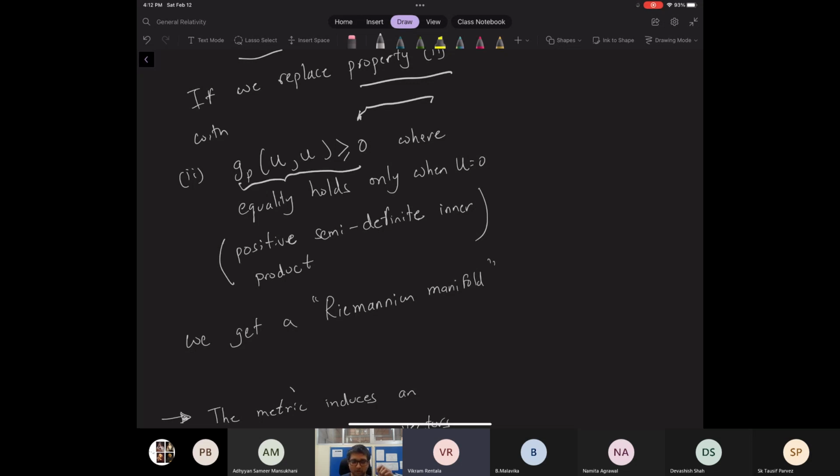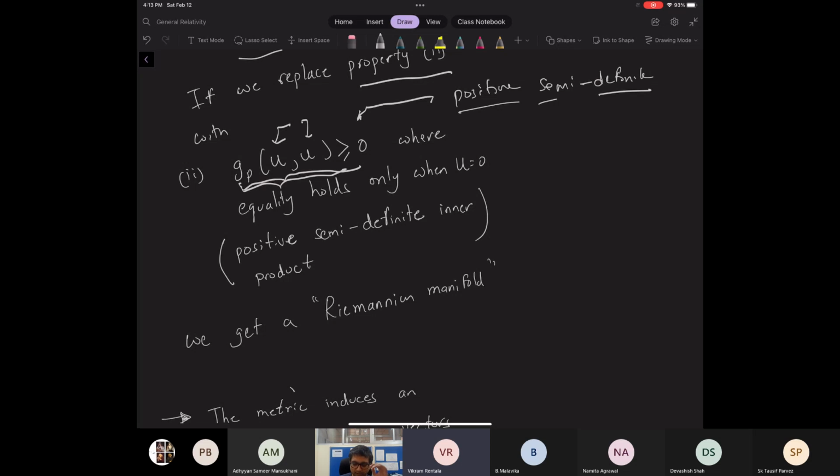We said that the dot product is always 0 only for 0 vectors. Now what we're saying is that the dot product of any vector with itself is always positive semi-definite. Semi means it can be 0, and definite means it's always positive. It's never negative.